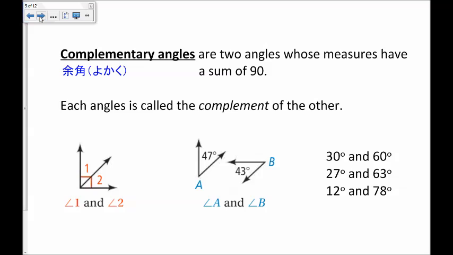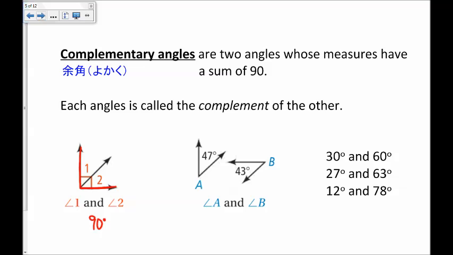Next, complementary angles. Complementary angles are two angles whose measures have a sum of 90 degrees. Meaning, when you add up their angle measures, it's equal to 90 degrees. So here, angle 1 and 2 together make a right angle, so their measures must add to 90 degrees.